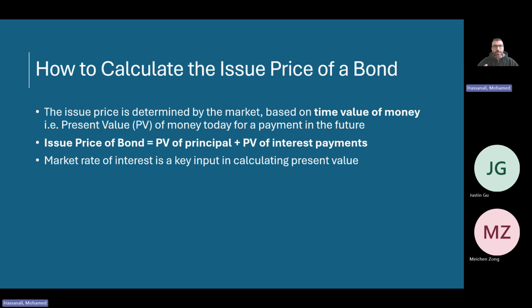So when you're doing this calculation, what you're trying to do is calculate the value of the money today for all of the payments you're making in the future, okay? Which is why it's called the present value of the money. Okay, so simple formula when you're calculating the price of a bond, you are taking the present value of the principal and you're adding in the present value of all of the interest payments.